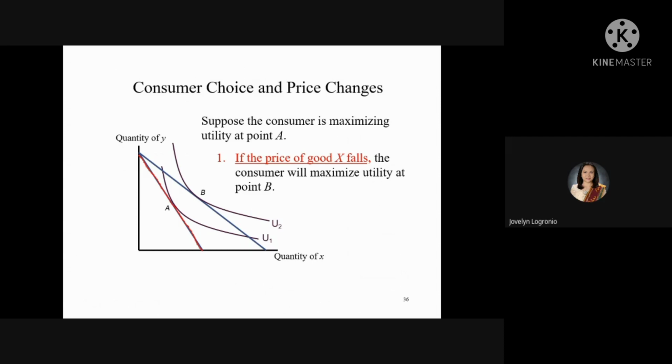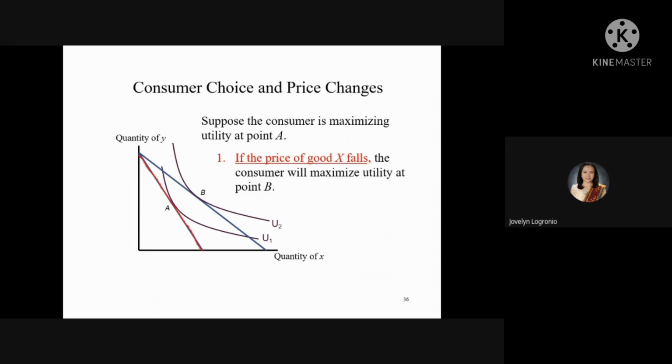So rotate siya if the prices of the goods nag-change. Then it will shift if the income of the consumer changes. So if the price of good X falls, then the consumer will maximize utility at point B.